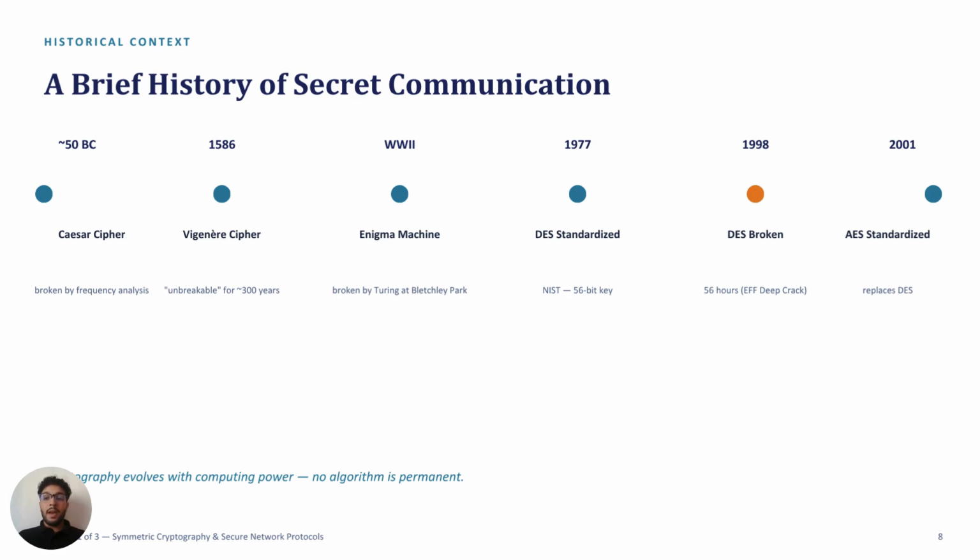In World War II, the Enigma machine was broken by Alan Turing's team at Bletchley Park. Each breakthrough came because computing power grew faster than cipher designs anticipated. DES, standardized in 1977, was broken in 56 hours in 1998. AES, standardized in 2001, remains secure today, but the story doesn't end here.